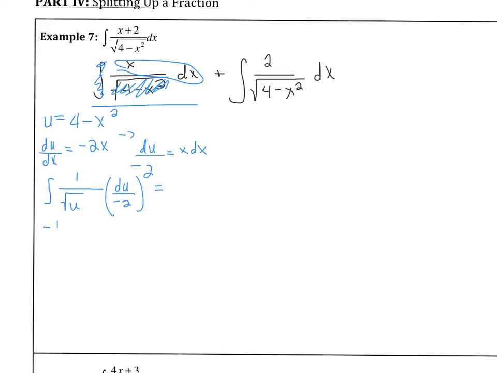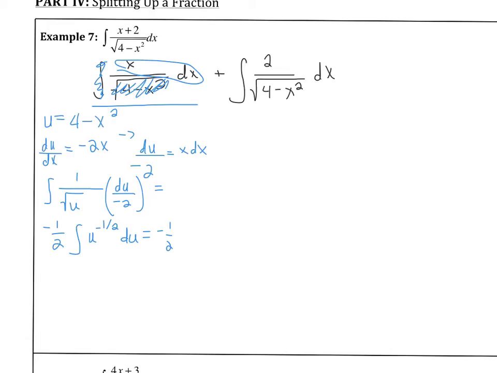So I'll pull out a negative 1/2. And then that does not leave us with, right, it's not going to go to a natural log. We have du over root u, which is really u to the negative 1/2 du. And that's just power rule. All right, so that's negative 1/2.